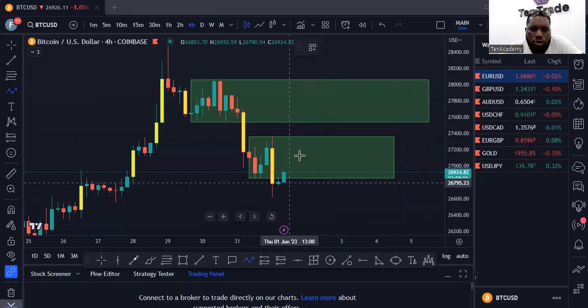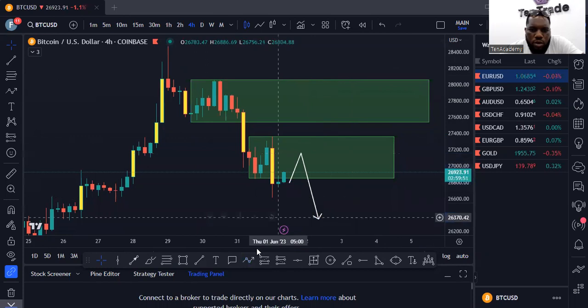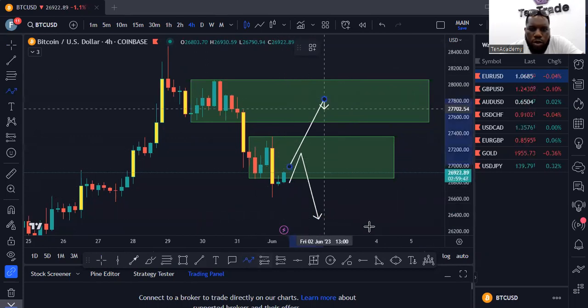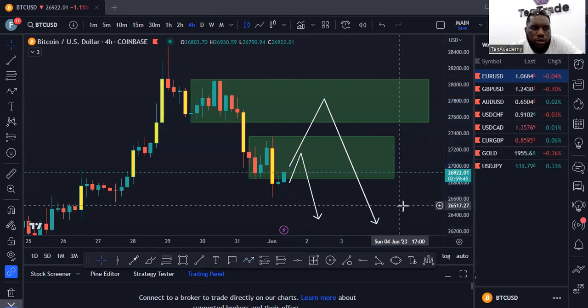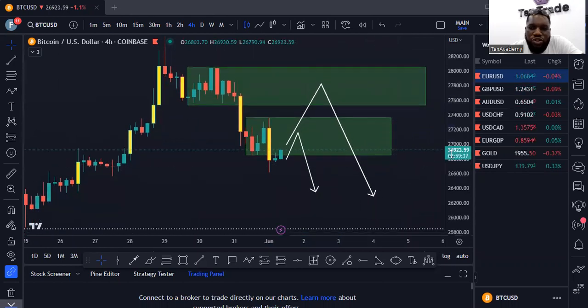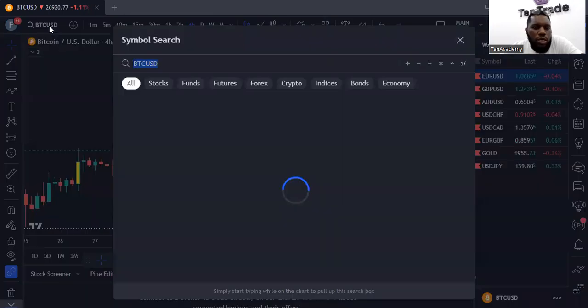So you want price to come up here and then sell, or you want price to come up here and then sell. That's on GBP, that's on Bitcoin US dollar. Okay, the momentum is still bearish on an intraday basis. Okay, that's what I have for you.